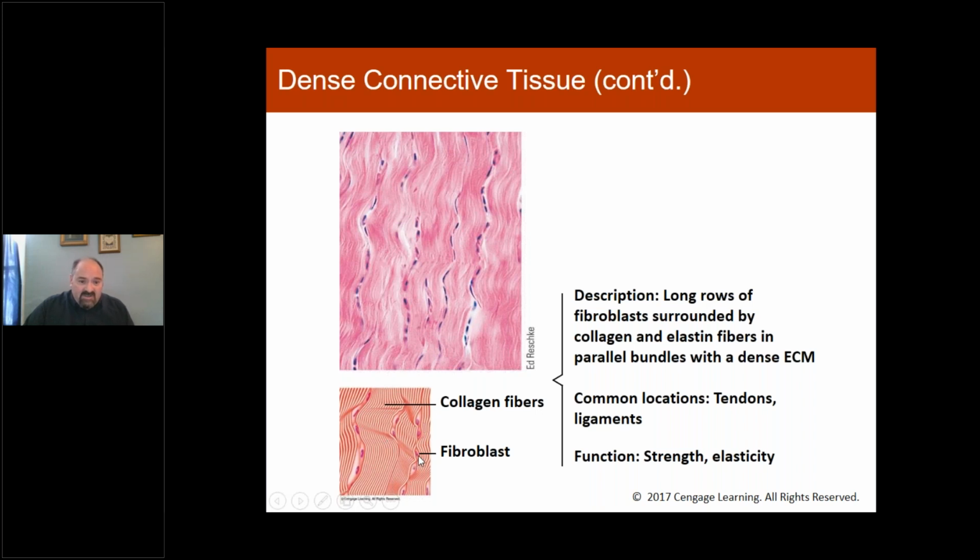You're also seeing these fibroblasts, these cells that will produce fibers. Okay. Tendons and ligaments, very important, very strong, durable types of dense connective tissue.